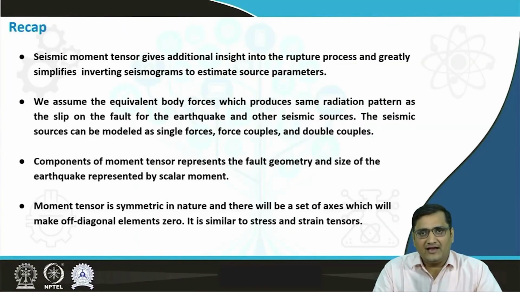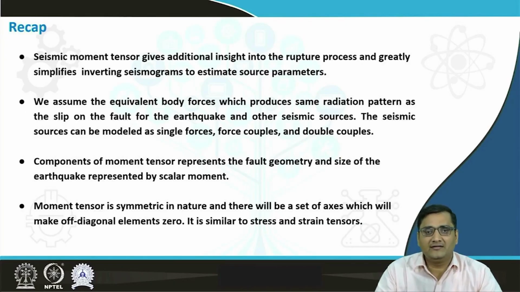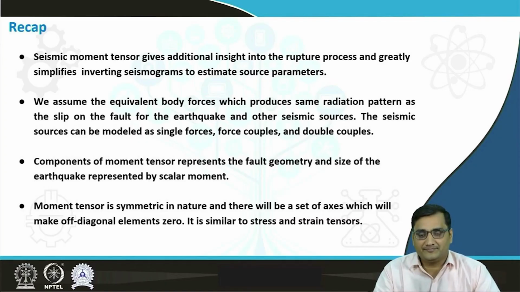As far as the recap of the previous lecture is concerned, we learned that the seismic moment tensor can give complementary insight into the fault rupture process and can help us in inverting the seismogram in order to estimate source parameters.